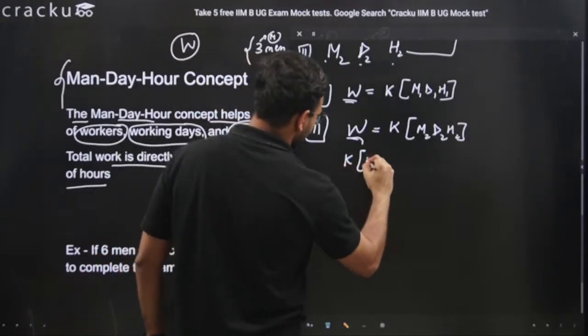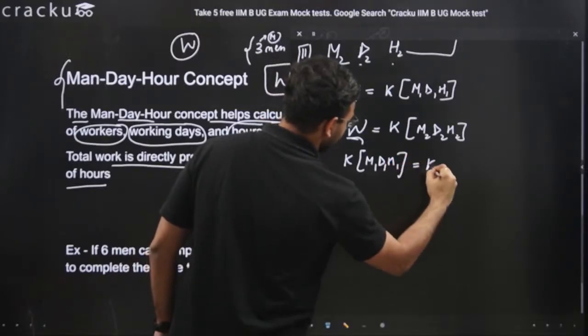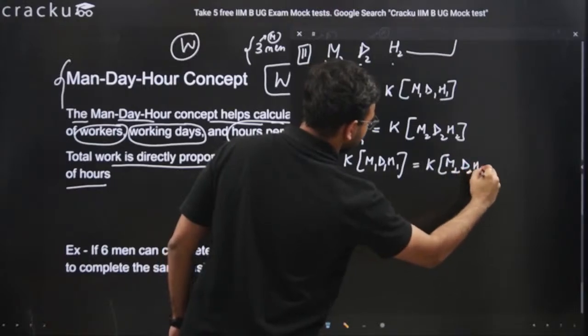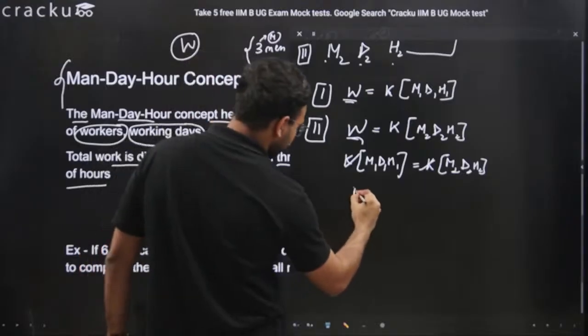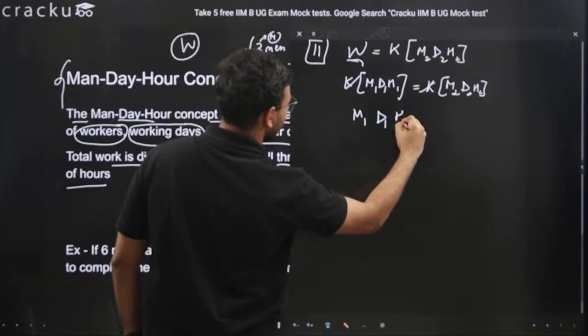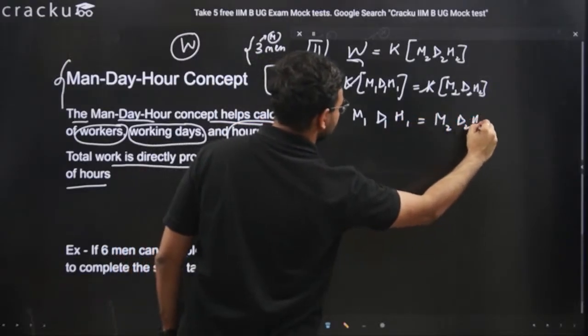K M1 D1 H1 is equal to K M2 D2 H2. This K and K will be cancelled. So what we have is basically M1 D1 H1 is equal to M2 D2 H2.